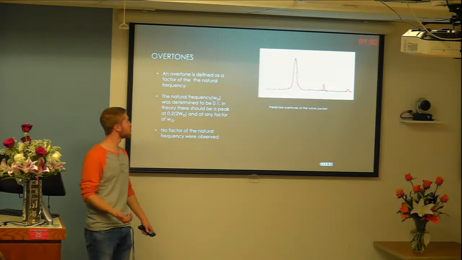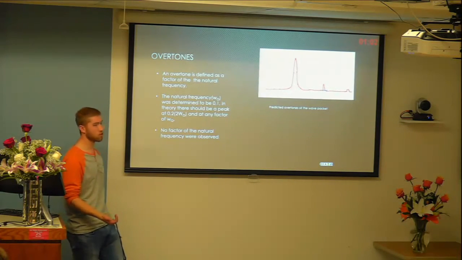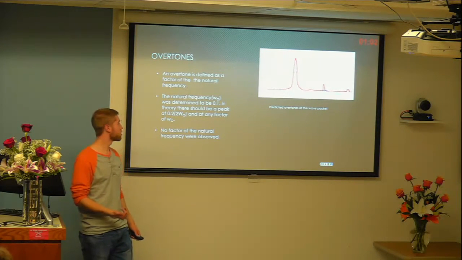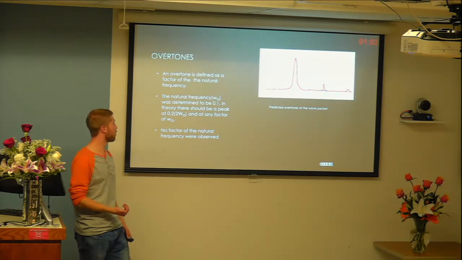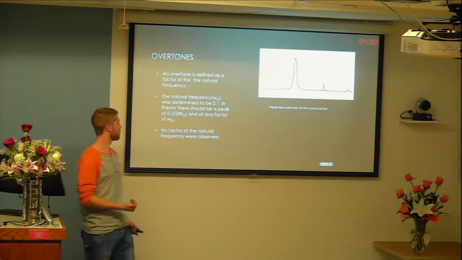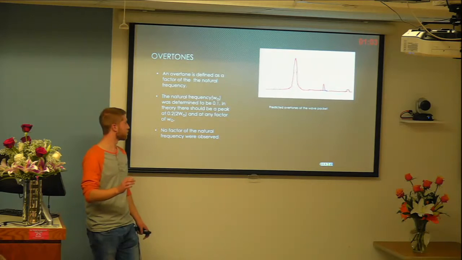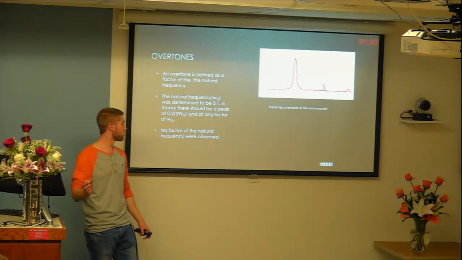Overtone is just defined as a factor of the natural frequency. The natural frequency in the system was determined to be 0.1, and in theory for each factor of the frequency there should be what's called an overtone.